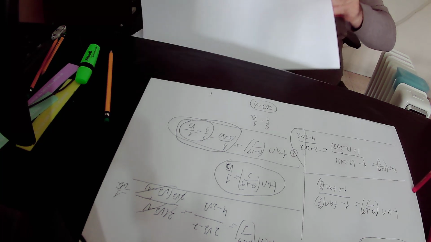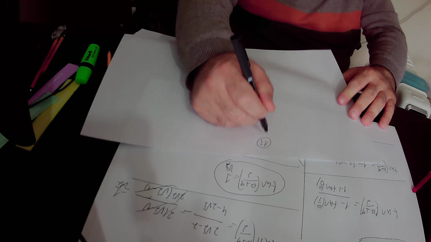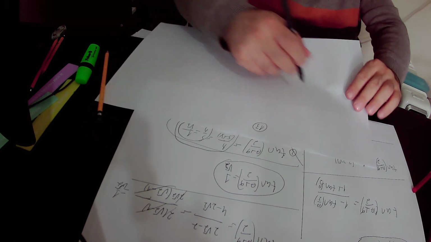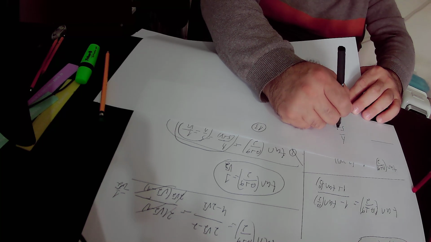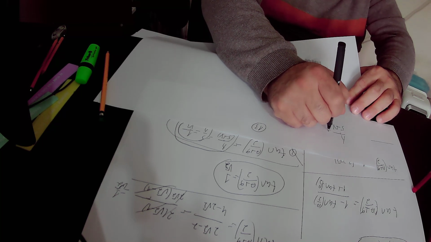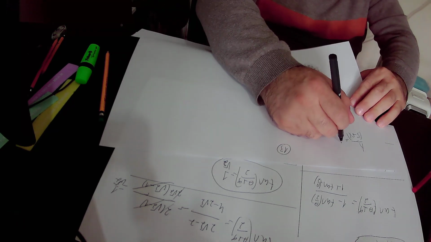Okay, according to the following equation, h over 5 plus x equals 1 over square root of 2.